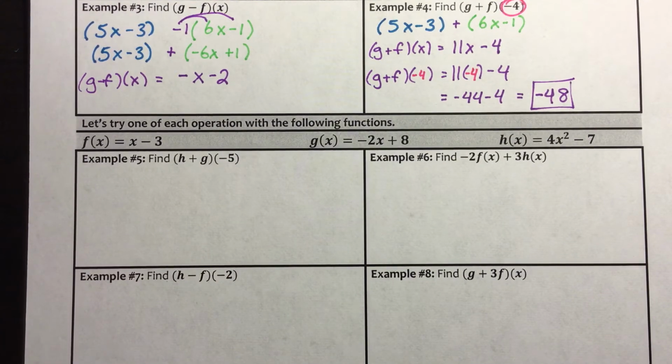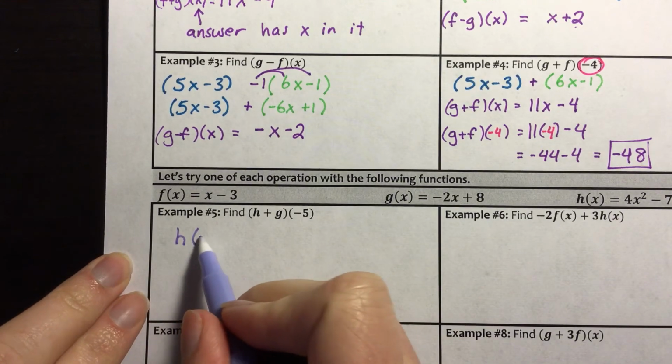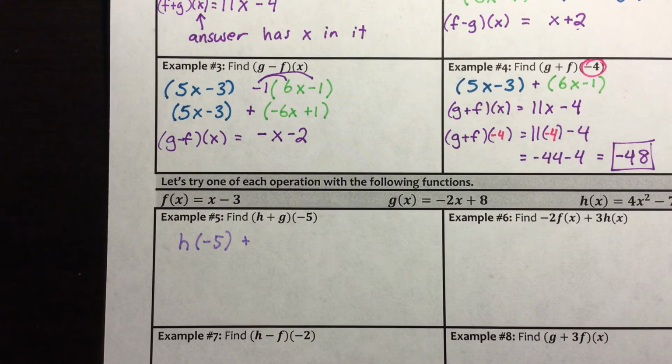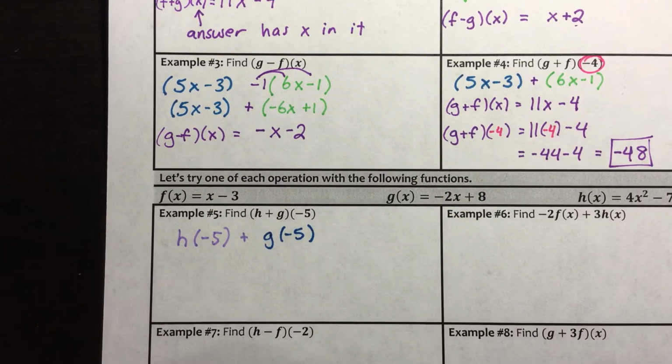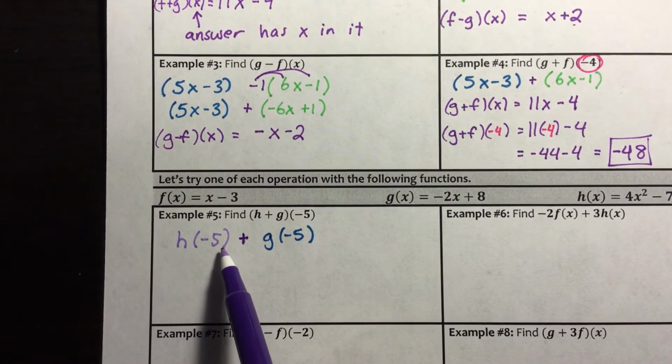Right. Example 5 says find h plus g of negative 5. Well, that's the same thing as h of negative 5 plus g of negative 5. Okay, so it looks like we could find h of negative 5 using the calculator, using that table.